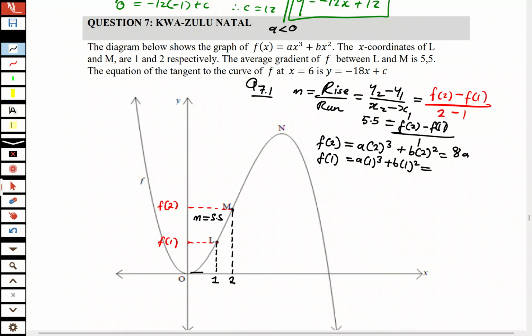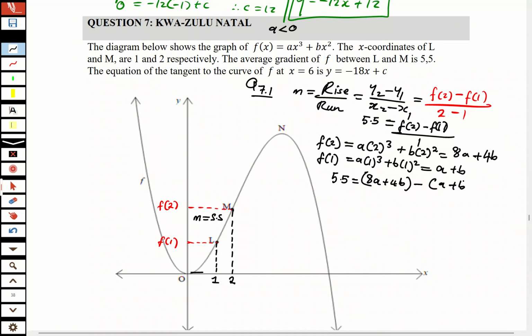This will give you 8a and then plus 4b, since 2 squared is 4 and 4 multiplied by b is 4b. So this will be a plus b, guys, since 1 cubed is just 1. So this is what you have now. Remember, this is f at 2, f at 1. So let's make the substitution. This is the gradient, 5.5. So f at 2 is just that part. So this is 8a plus 4b minus what?